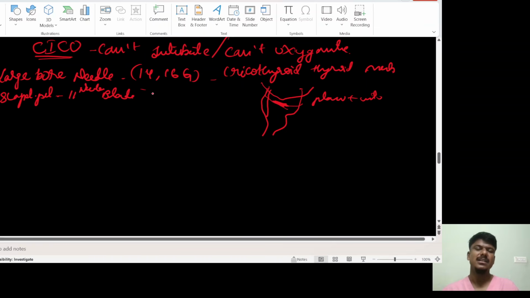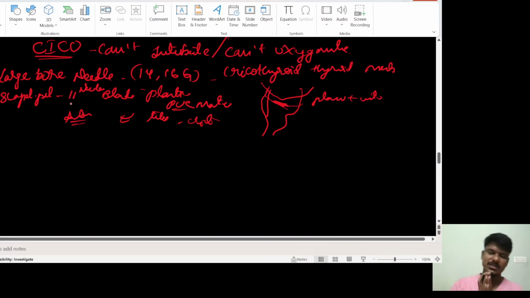I'm going to put a plastic or PVC tube inside the cricothyroid membrane, connect it to a small ambu bag, and try to ventilate the patient. So this situation is called can't intubate, can't oxygenate. You cannot intubate the patient, you cannot ventilate the patient. At that time you're going to go for front of neck access, cricothyroidotomy.